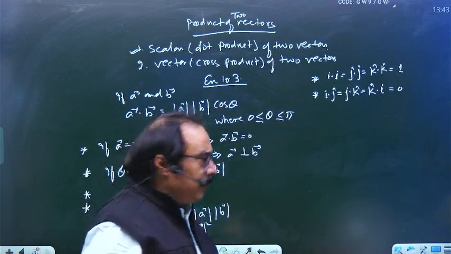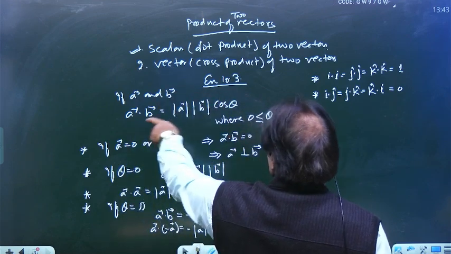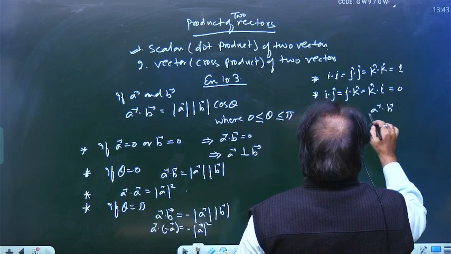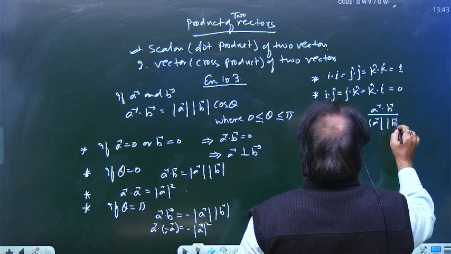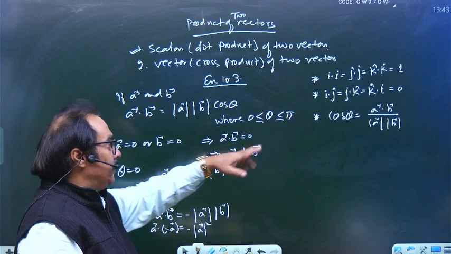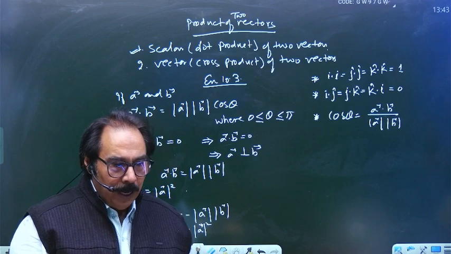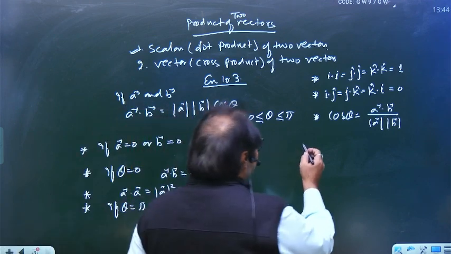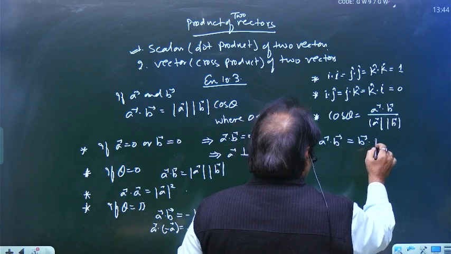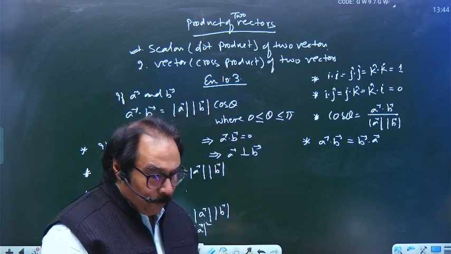Okay. And another point is, to find the angle between two vectors, we apply this formula: cos theta is equal to A dot B divided by magnitude of A into magnitude of B. Another property: A dot B is the same as B dot A. This is called the commutative property.